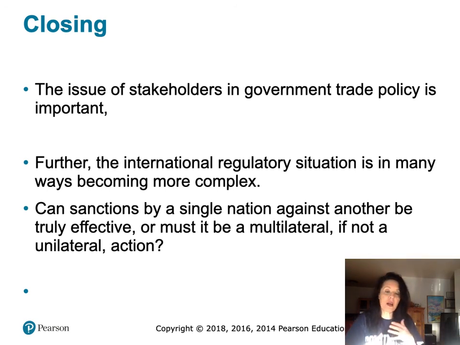Okay, so these are the type of issues that we're interested in analyzing for a better understanding of the implications of trade controls for companies. Hopefully, I was able to teach you the concepts and tools that will help you answer these questions and gain a better perspective on the effects of governmental intervention in international trade.